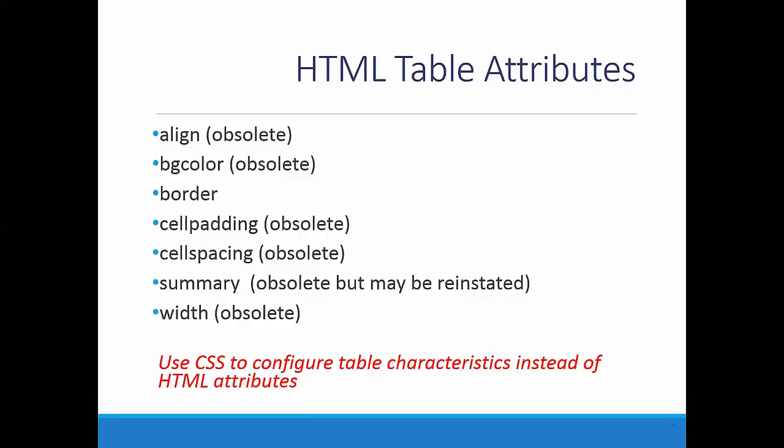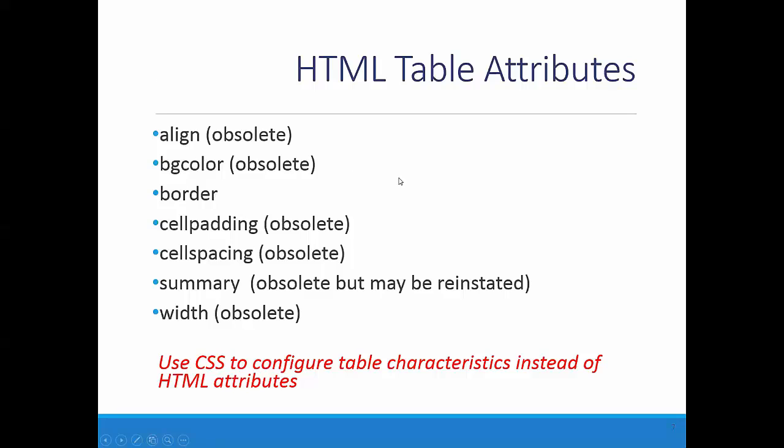Now, we mention them here because you will likely run across some archaic code, or you might be in a position where you have to update a site, and it might still be using these deprecated features. It isn't that the features are gone, it's that the features have been moved over to CSS, and we can style the table using our CSS.